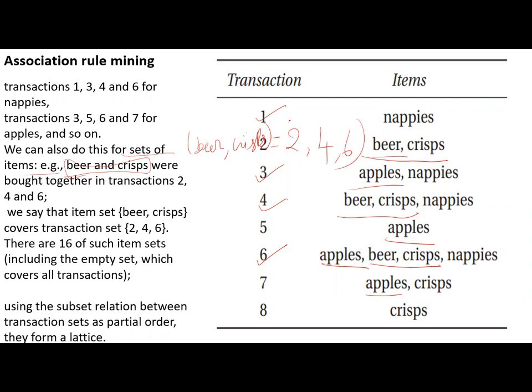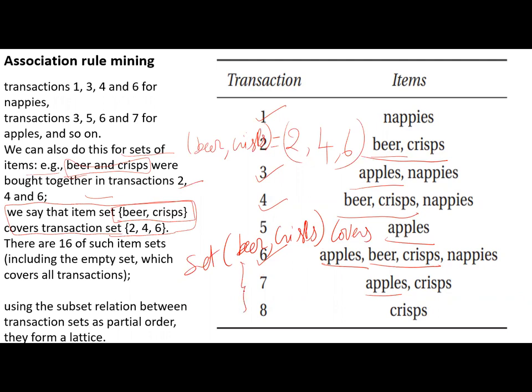There are 3 of them. We say that the item set beer, crisps covers transaction set 2, 4, 6. This is terminology, my dear friends. So we say that the set beer, crisps covers 2, 4, 6.